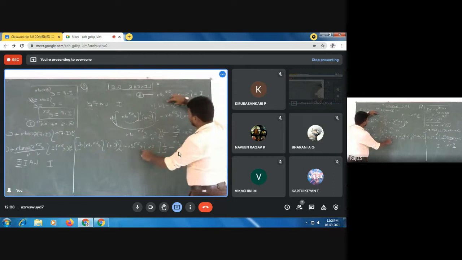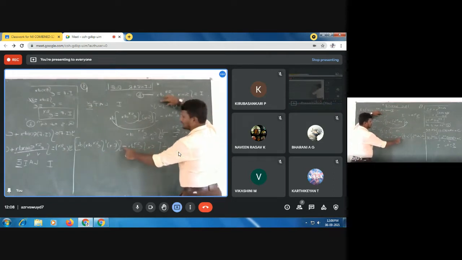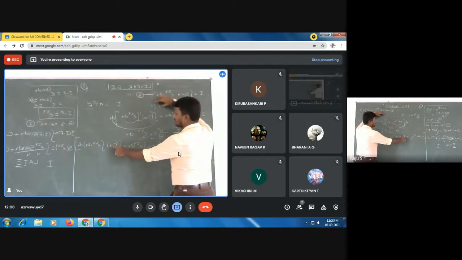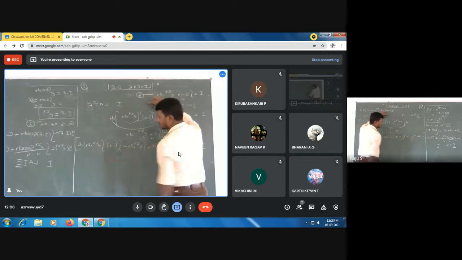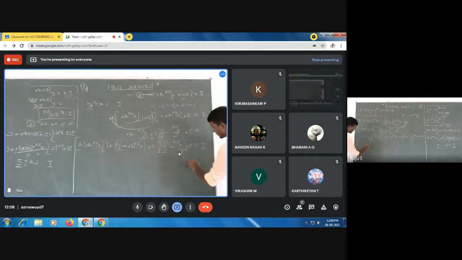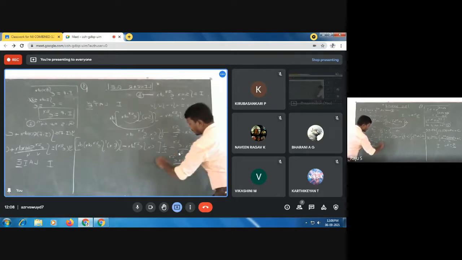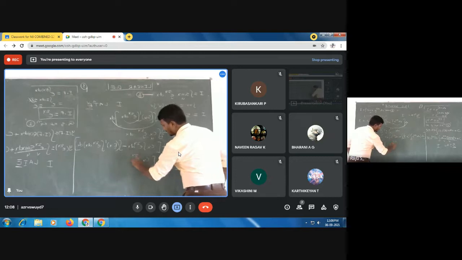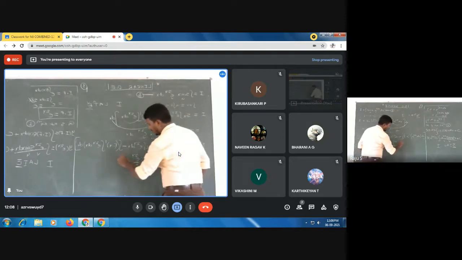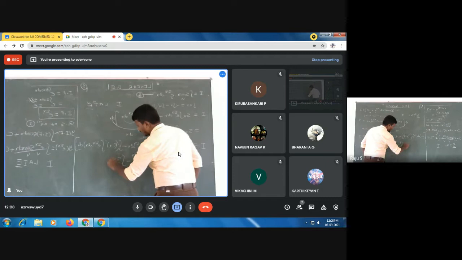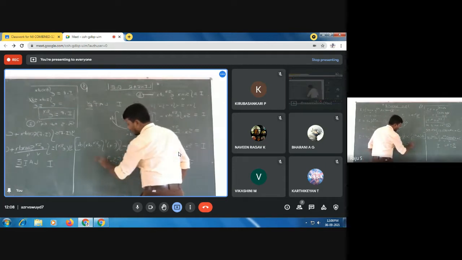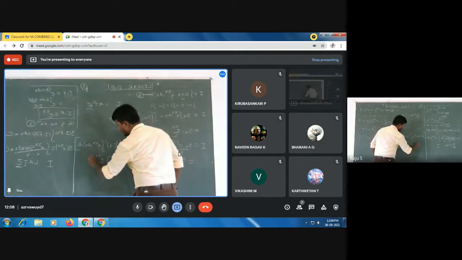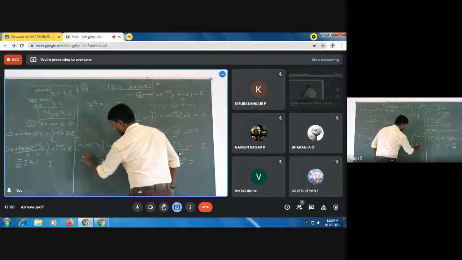U integral v minus integral u dash, cos x derivative, integral v. sin x e to the power of 2x by 2 minus 1 by 2 cos x e to the power of 2x by 2 minus integral minus sin x e to the power of 2x by 2 dx. That's it.